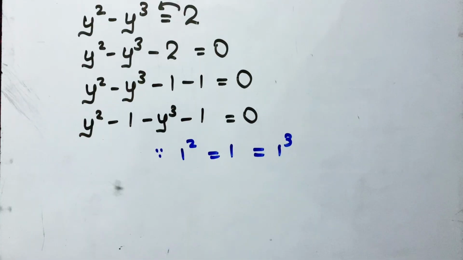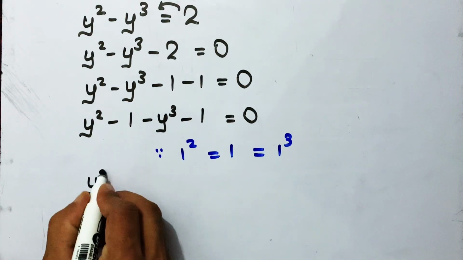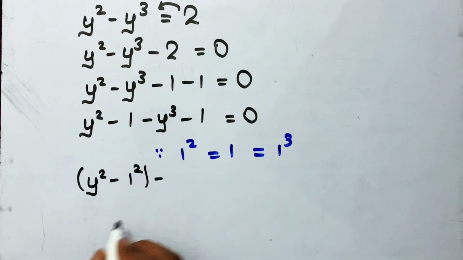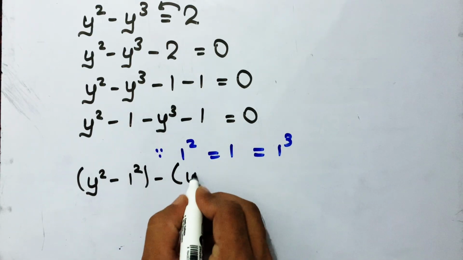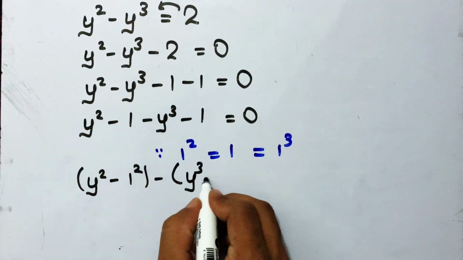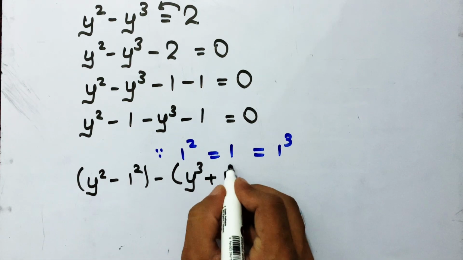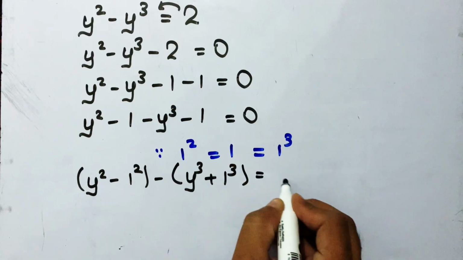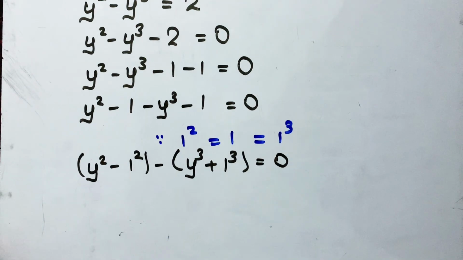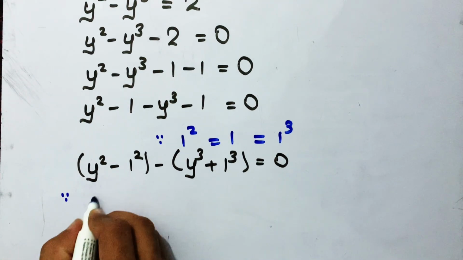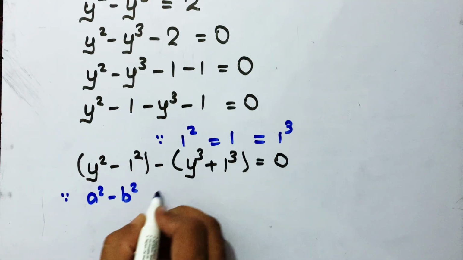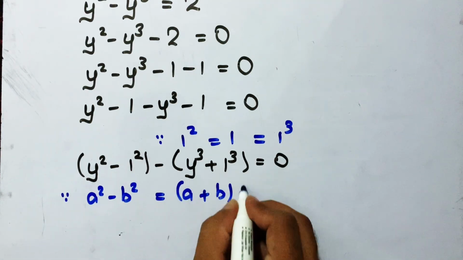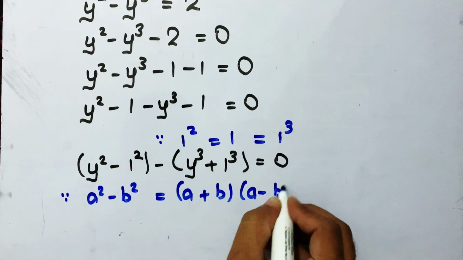So now take a group: y square minus 1 square minus y cube minus 1 cube is equal to 0.